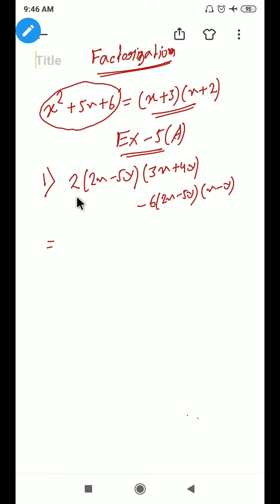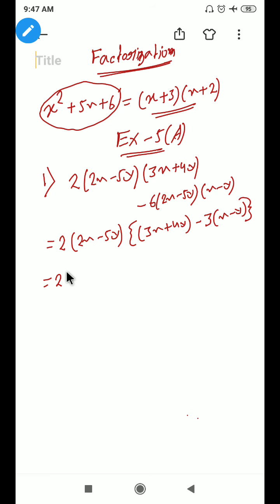Look, here you can take common 2, because there is 2 given and there is 6 given. Also, 2x minus 5y is given in both, so you can take common 2x minus 5y. On this side there is left 3x plus 4y, and because from here we are taking common 2, 3 is left here and x minus y is left here.